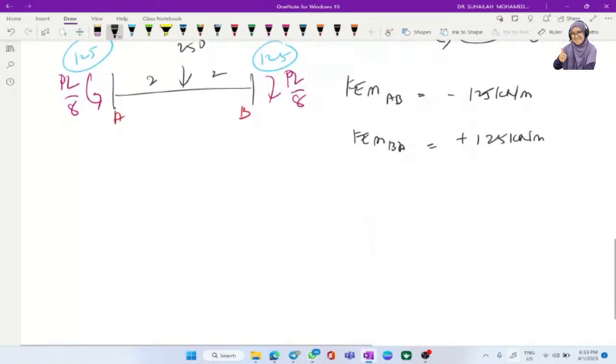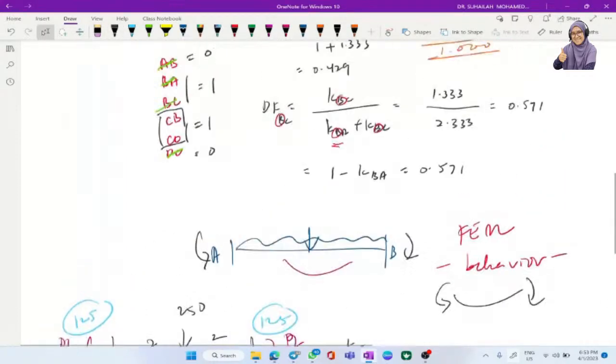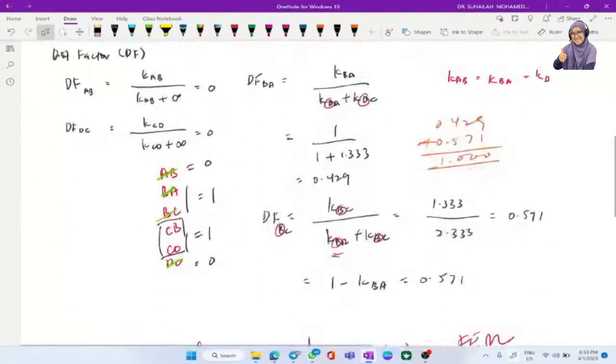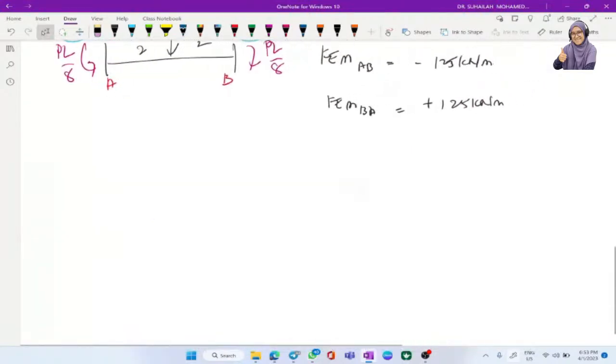Okay. So move to the second member. The second member is 3 meter length, 50. We must assume all are fixed.